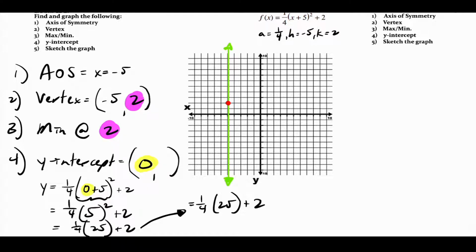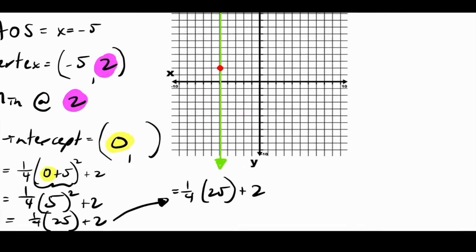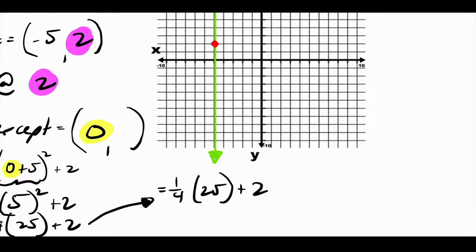What's 1/4 times 25? There's a couple different ways to do 1/4 times 25. You can change 1/4 to a decimal, 0.25, or you can multiply straight across. Probably the easier way is just to change this to 25/1.